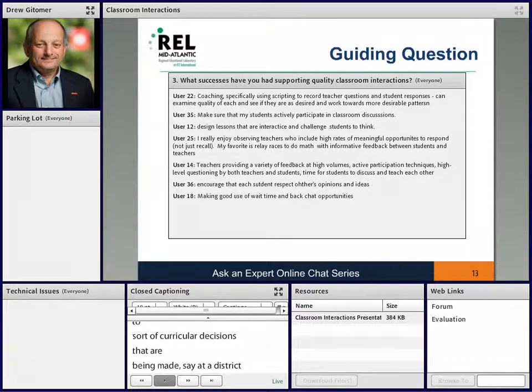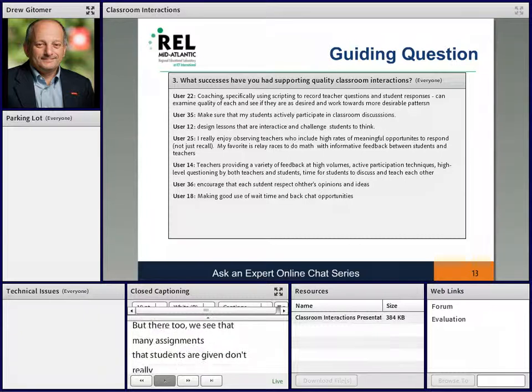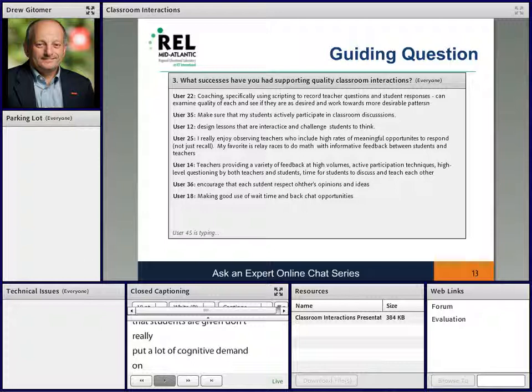But there, too, we see that many assignments that students are given don't really put a lot of cognitive demand on the students. And here's where I think there's just great potential for the kinds of things that are being developed in the context of the student learning objectives, student growth objectives.